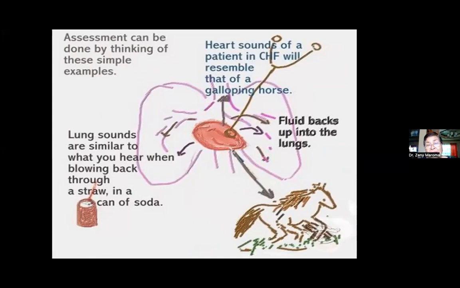Subukan mo na. You have the can of soda, can of Coke. So you use the straw, you blow, and the sounds that you will hear ay ito yung ating mga crackles or rales na maririnig mo pagka siya ay may heart failure, there's congestion in the lungs. Okay.